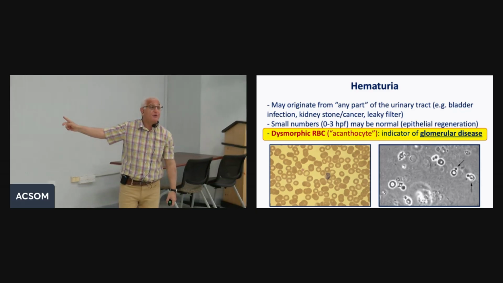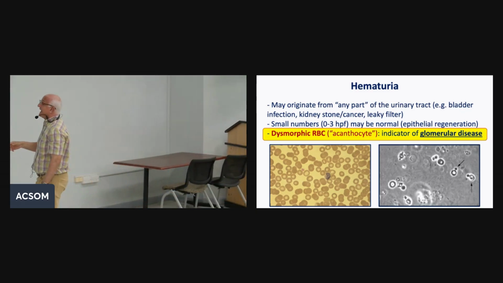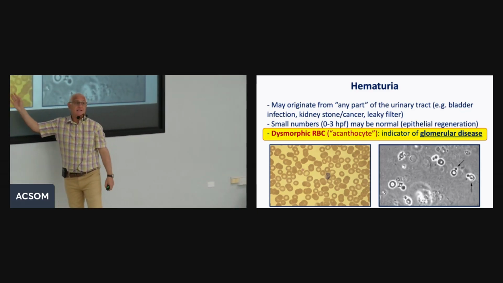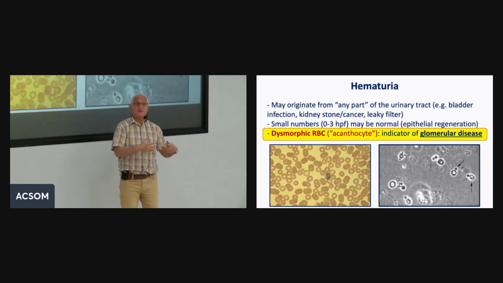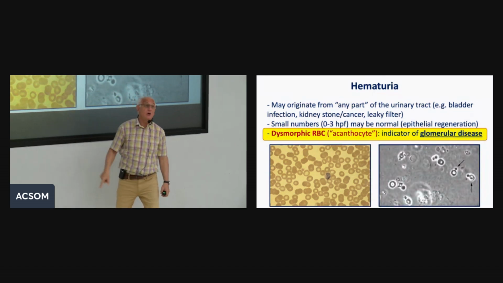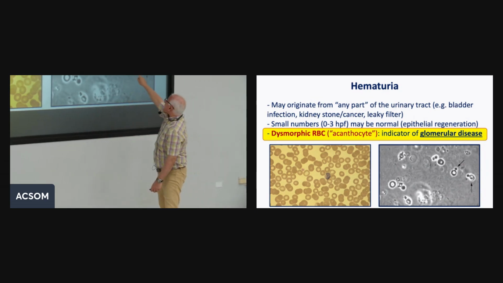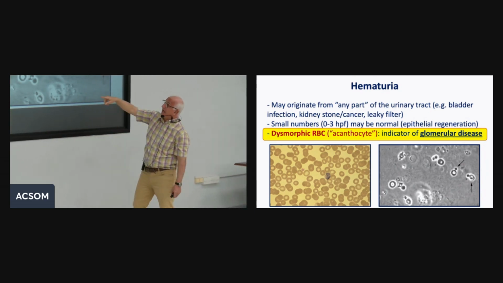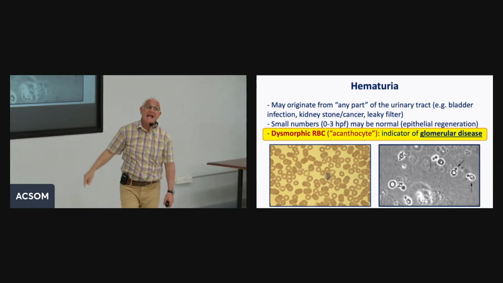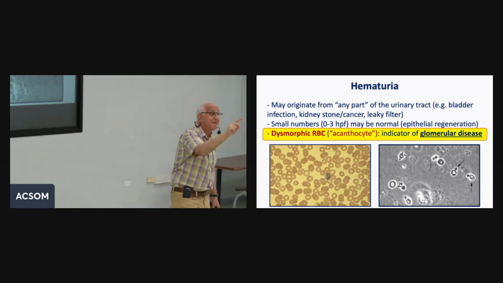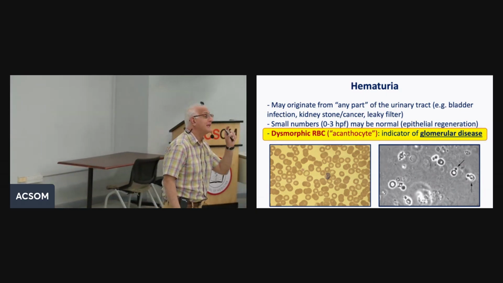This is the hematuria we are really worried about, because sometimes we have bladder cancer and there is blood in the urine, but that's not coming from the glomerulus. That's healthy looking RBC. The RBC that is dysmorphic is the bad. And we call dysmorphic RBC acanthocytes. In some of the tests, they just want you to know the name.